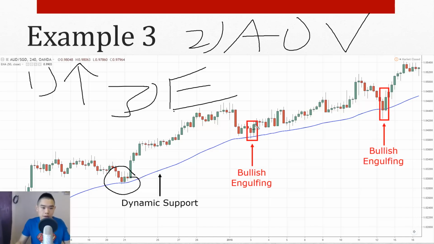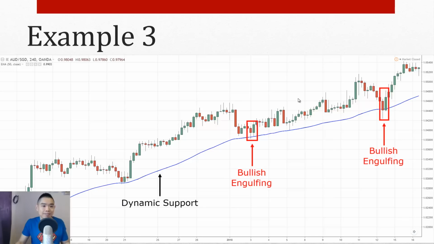Price closed higher, engulfing the first candle. Here as well, price opened and then closed higher above the first candle. Another bullish engulfing pattern, another bullish reversal pattern that you can go long. And again, we're not going long just because we see a bullish reversal pattern. We go long because it's in an uptrend from an area of value.